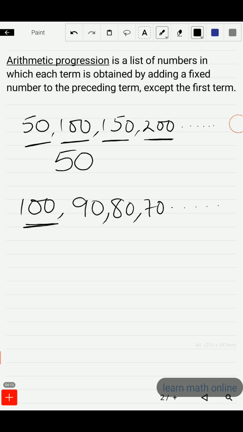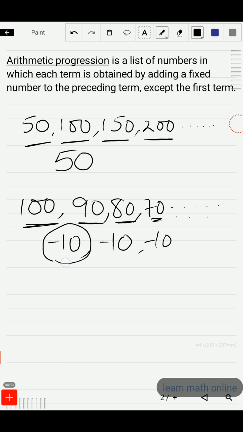To the first term, if we add minus 10 or subtract 10, we'll get 90, isn't it? To 90, if we add minus 10, we'll get 80. To 80, if we add minus 10, we'll get 70, isn't it? And so on. So what is the fixed term we are adding here? Minus 10, or we can say subtracting 10.